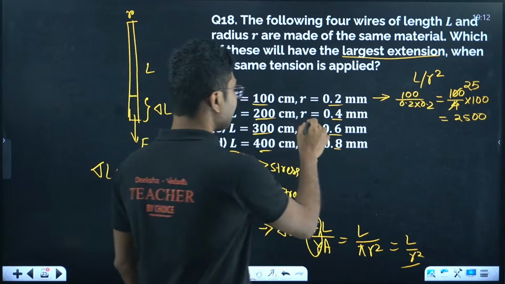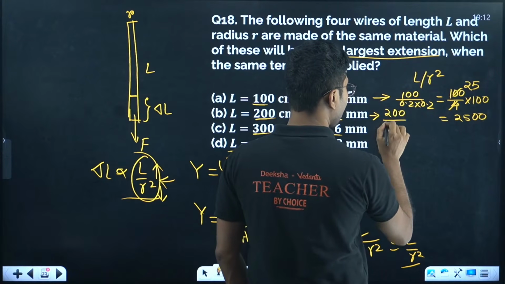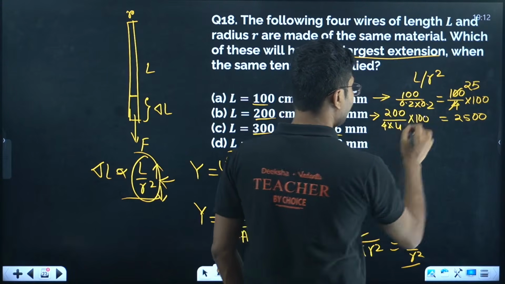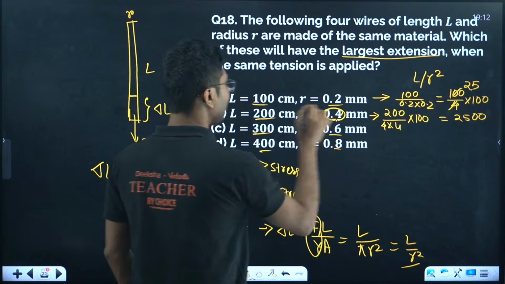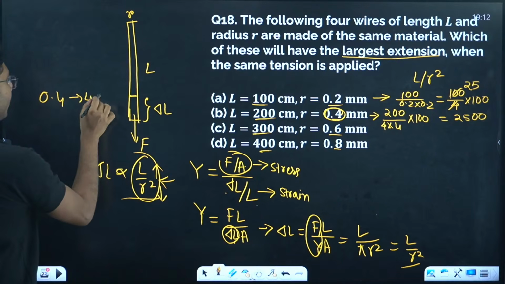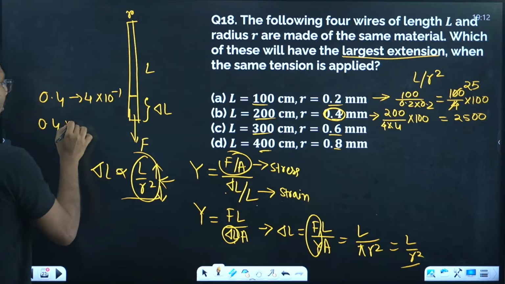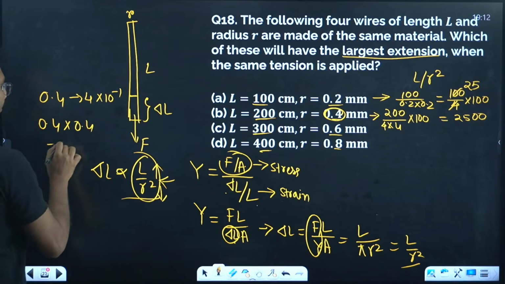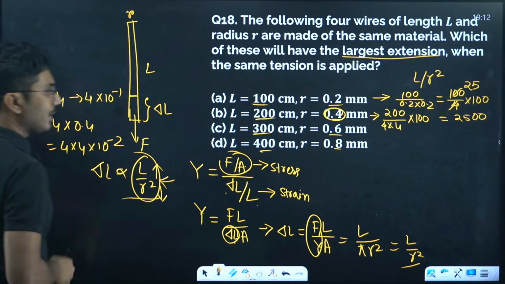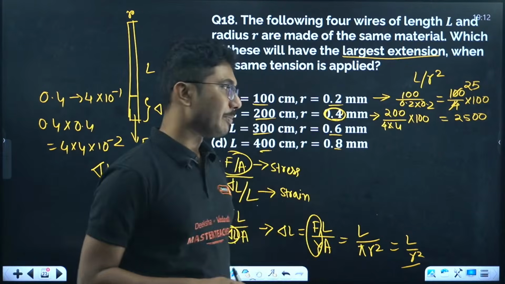Now let's calculate the second one. It is 200 divided by 4 into 4 into 100. I am converting 0.4 into 4 into 10 to the power of minus 1. So 0.4 into 0.4 is 4 into 4 into 10 to the power of minus 2. When you write this in division, you are basically multiplying by 100.